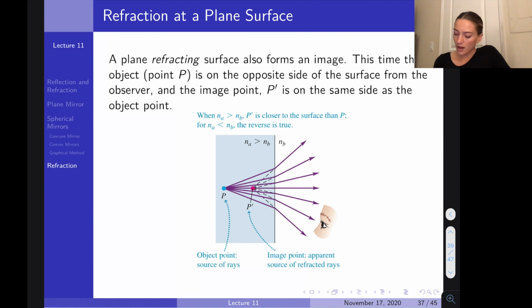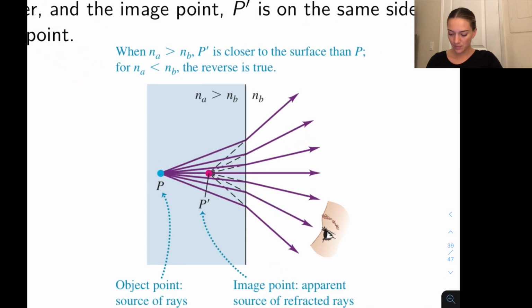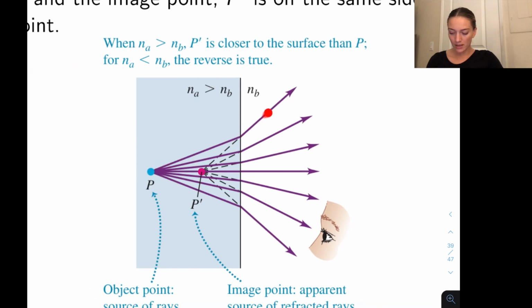So when we have a flat plane surface that has two different indices of refraction on either side, we're going to have something similar to what we had before. We have an object over here, we draw the rays, they refract out, and if we're on the other side of this interface, it's going to look like the rays are actually coming from somewhere else.